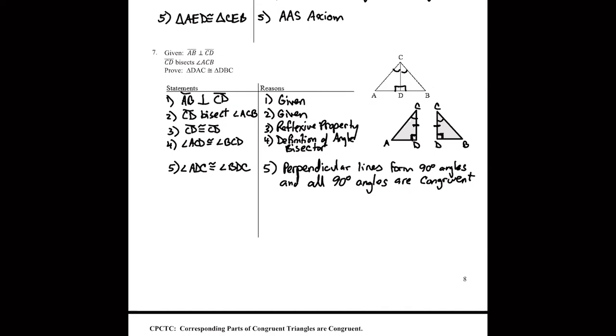If it doesn't, and you need to amend it with a conjunction, then you write the actual definition and then include the conjunction, because you wouldn't want to say definition of perpendicular lines and also all 90-degree angles are congruent, because that doesn't flow. We're looking for something that actually flows.